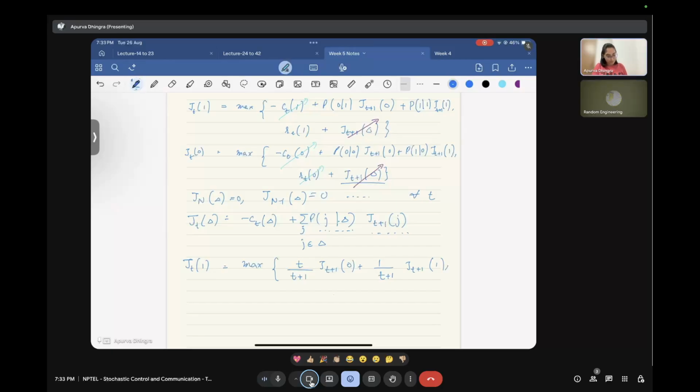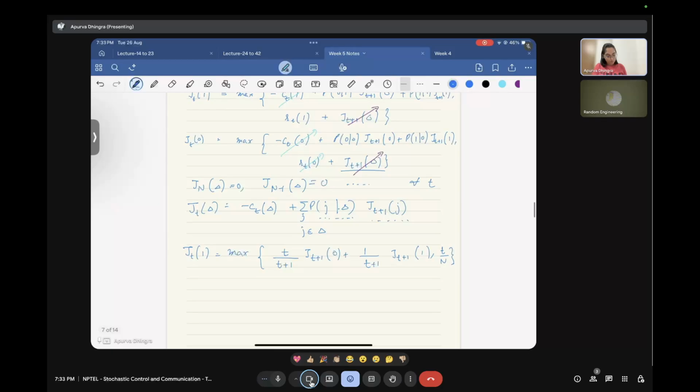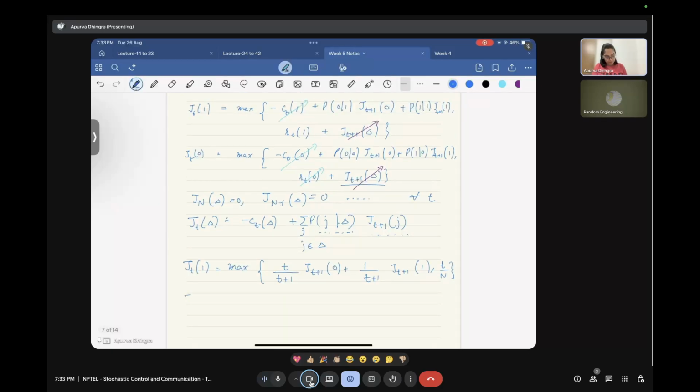The other scenario is, what is Rt of 1? We had a value for it, t by capital N. So we have the whole thing, t by capital N. And notice this Jt of 0. Now, let's write it out, then we can argue again.